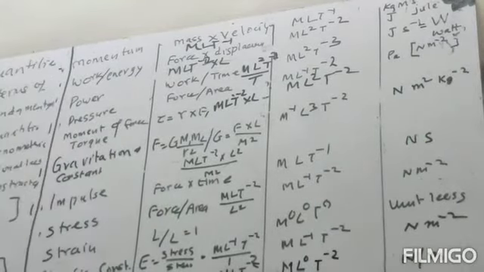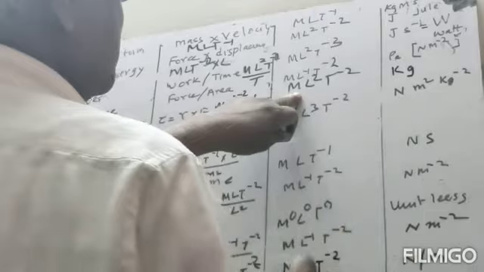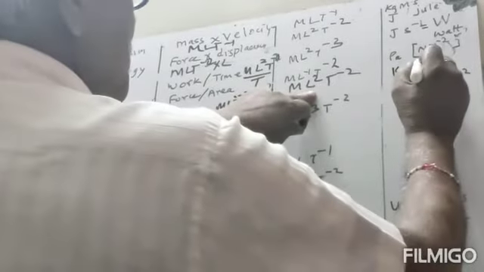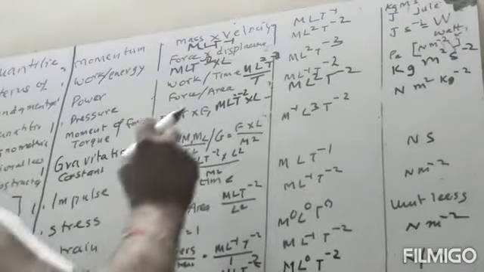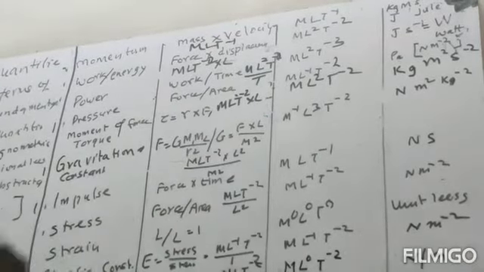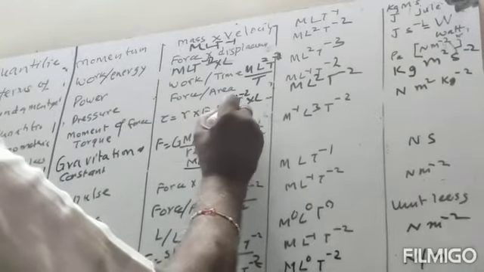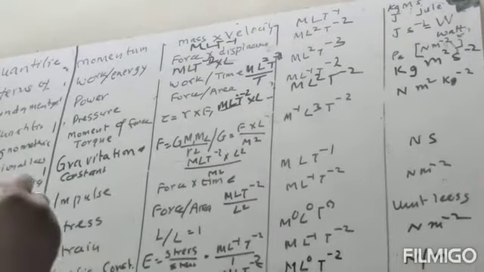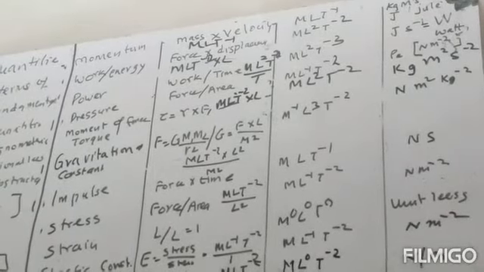So the unit of moment of force will be equal to kilogram meter square second^-2, or Newton into meter square, because this is the Newton into meter. So we can also have this unit as Newton into meter.